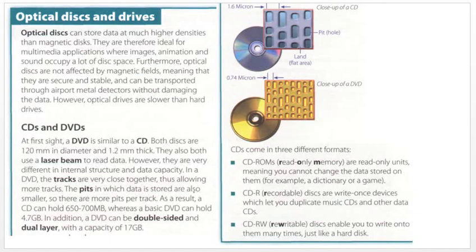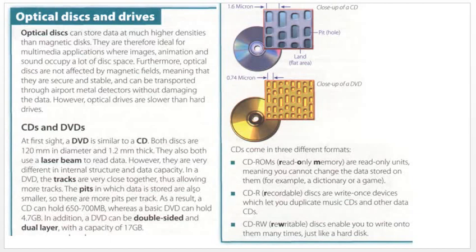However, they are very different in internal structure and data capacity. In a DVD, the tracks are very close together, thus allowing more tracks. The bits in which data is stored are also smaller, so there are more bits per track.